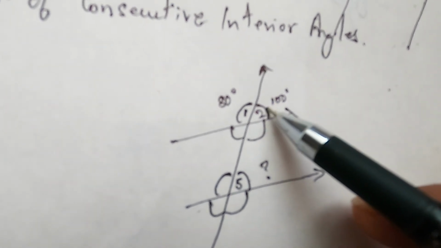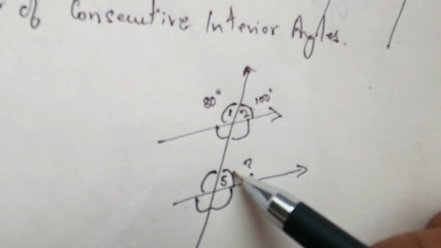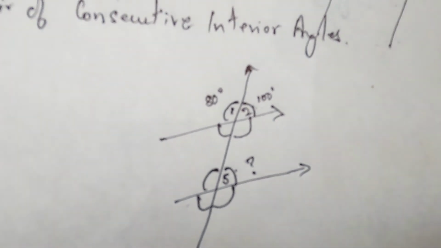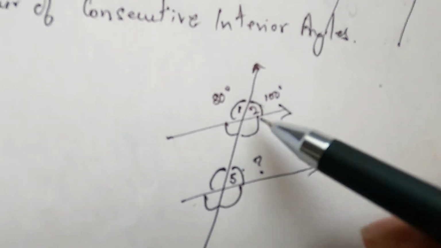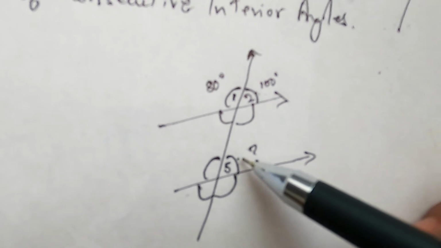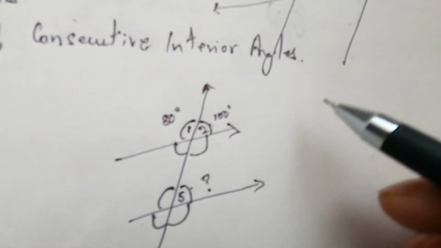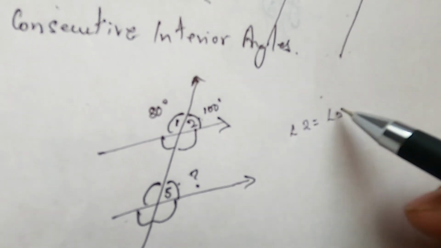See, angle 2 is exterior, angle 5 is interior, and both the angles are on the same side of the transversal line, and they do not form a linear pair. So angle 2 and angle 5 form corresponding angles. So angle 2 is equal to angle 5.